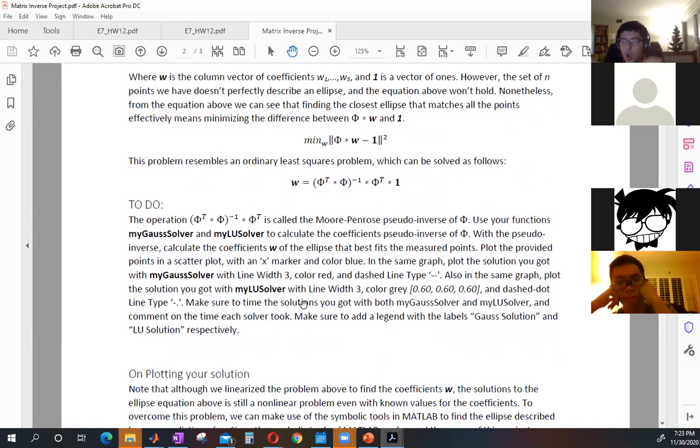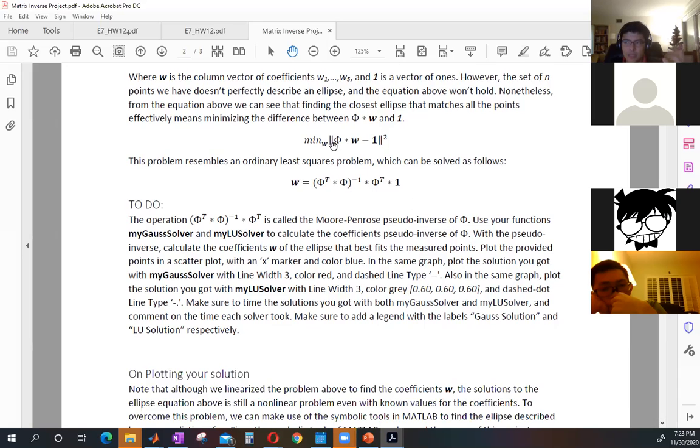Now, what we actually want you to do in this project. This operation, phi transpose times phi, all that inverse, times phi transpose, is called the Moore-Penrose pseudo-inverse of phi. In case you're curious, there are articles on Wikipedia about it and what it does.